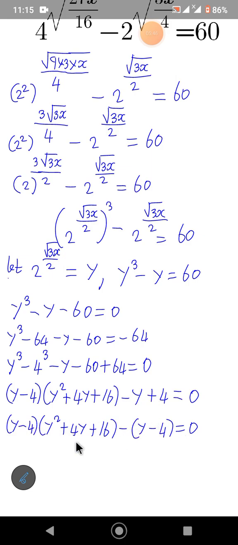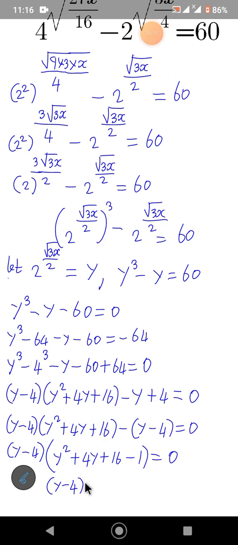And now the next step is to factorize. Y minus 4 is common here and it's also common here. So I write y minus 4, open bracket, y squared plus 4y plus 16 minus y, all equal to 0. Then again, y minus 4, open bracket, y squared plus 4y plus 16 minus 1 gives us 15, close bracket, all equal to 0.